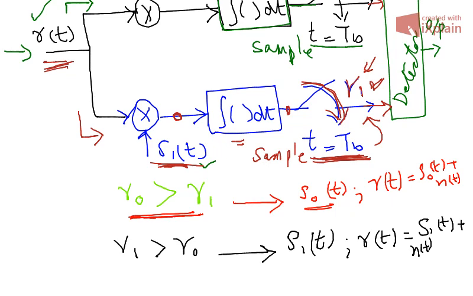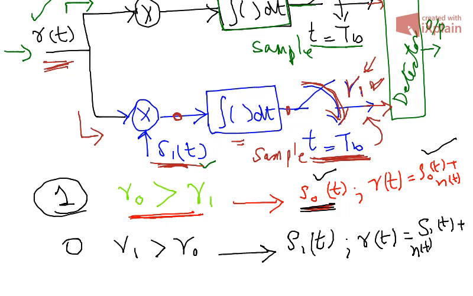Now once the signal is detected, the receiver already knows, because the transmitter and receiver had an agreement, that a 1 would be represented by S0 and a 0 would be represented by S1. So when it declares that the noisy signal is more like S0, the receiver outputs a binary 1.